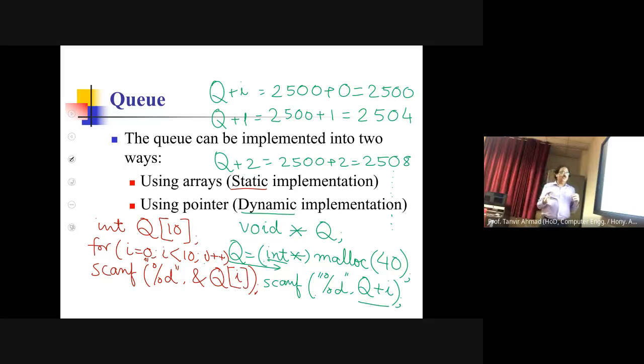Therefore, void will also solve the problem, but you have to keep in mind that if Q is only pointing to an integer, this is fine. But if Q points to an integer sometimes, a float sometimes, and a character sometimes, you have to keep track of what it actually points to. Otherwise, you will not be able to find the things. Now, this is the way you write. Okay. Now, one question for you.